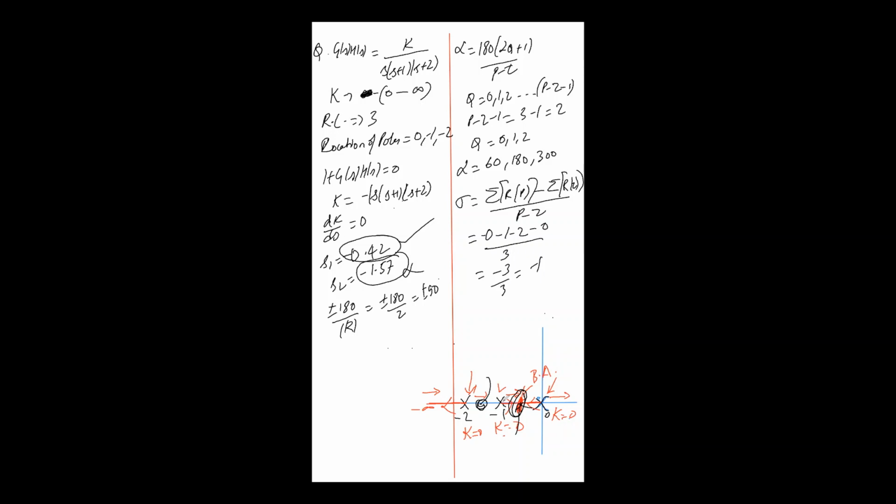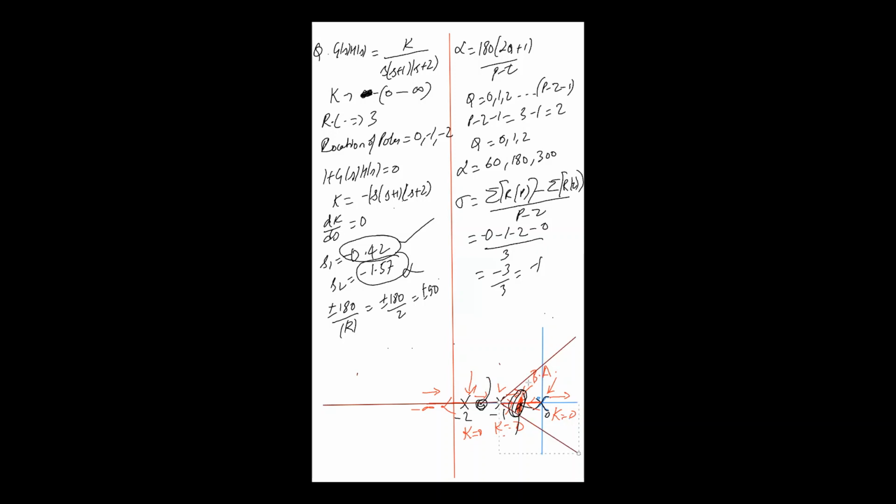So I will just make the angles. This is the minus 1 point. Make a 60 degree angle like this. 180 degree is like this. And 300 degree will be like this.